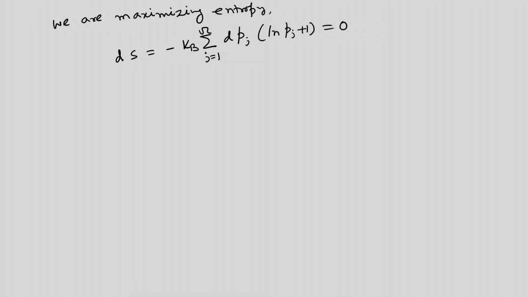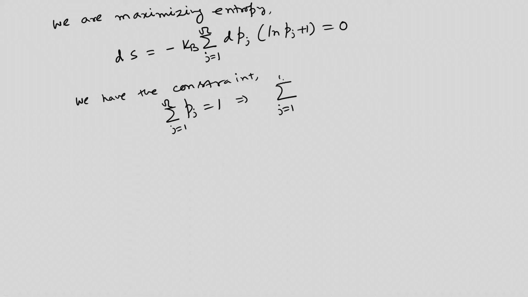Now we will simplify the above expression. We have the constraint that the sum over j of Pj, the sum over all probabilities, equals 1. So we get sum over j of dPj is 0. Okay.